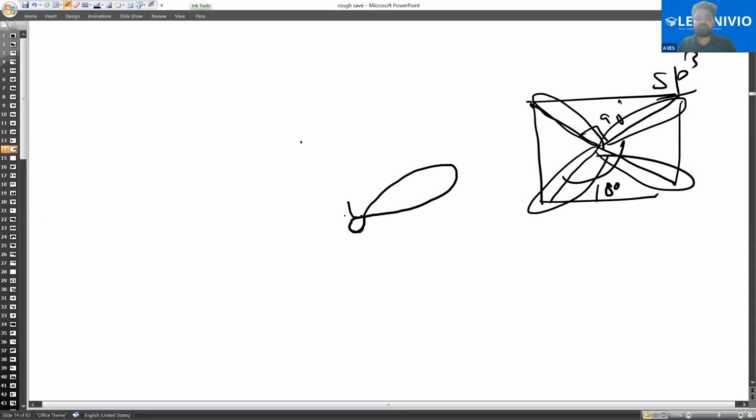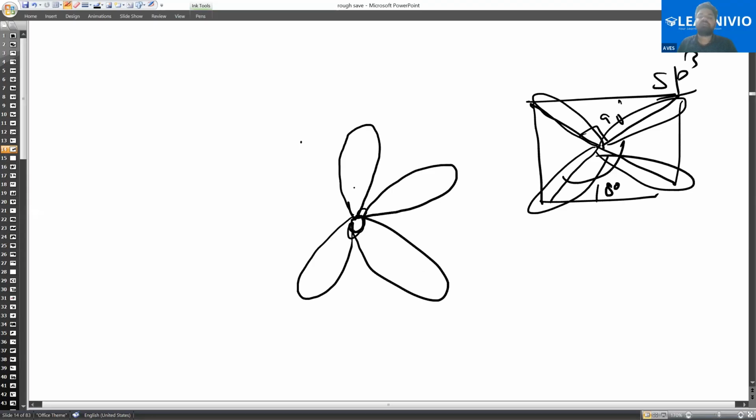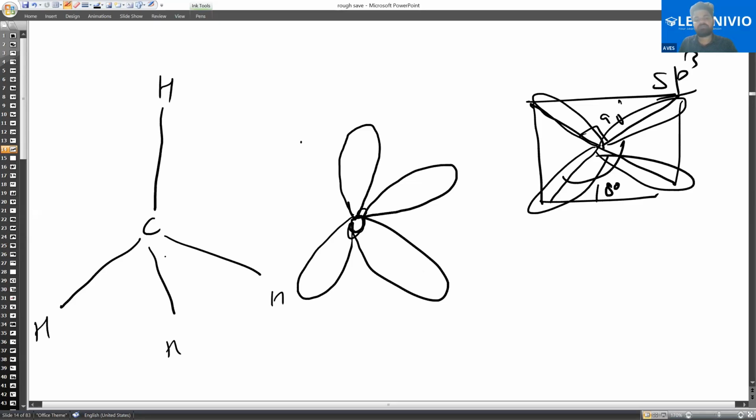Means one electron will be going here, one electron will be going here, and one electron will be going here. This is called a tetrahedral shape, like the tripod shape, this way. This is hydrogen, this is hydrogen, this is hydrogen, this is hydrogen.